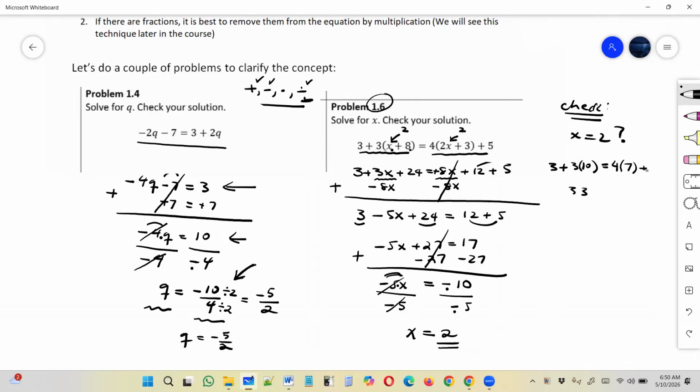Inside of the parentheses, plus 5. Okay, so this 28 plus 5, 33. So that checks. So this is something that you can do to check your work to see if it's correct. All right, so this is the first section, part 1, linear equations.